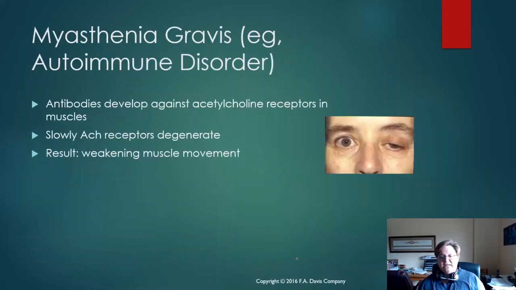In myasthenia gravis, antibodies develop against acetylcholine receptors in muscles, and slowly those ACH receptors, or acetylcholine receptors, begin to degenerate. And so our patients exhibit weakening muscle movement over time, and a lot of times with myasthenia gravis, it begins in the face and then moves to the arms and then spreads from there.